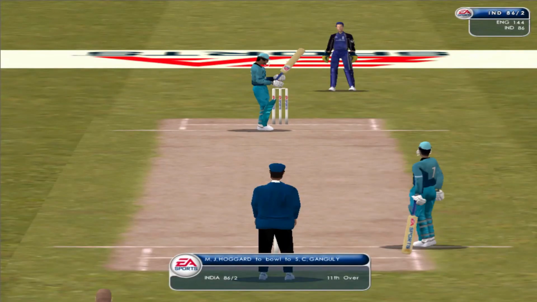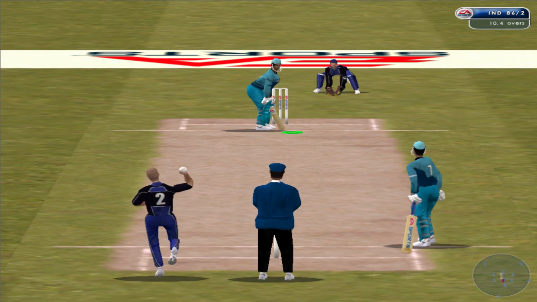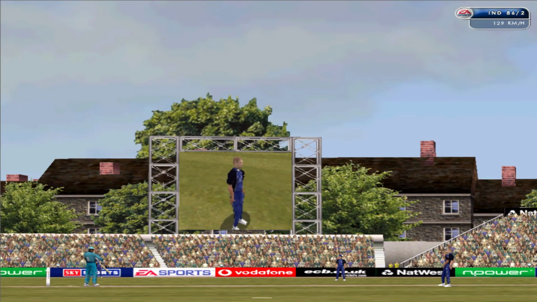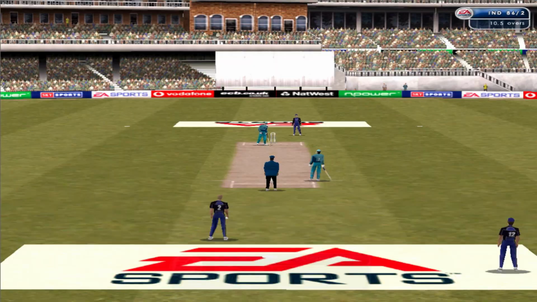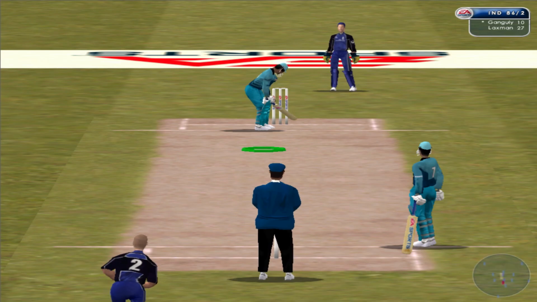Hoggard at the start of his run-up. Good bowling from Hoggard. That is fine bowling, a yorker into the blockhole to keep the batsman guessing. So they need 59 to win from 55 balls.